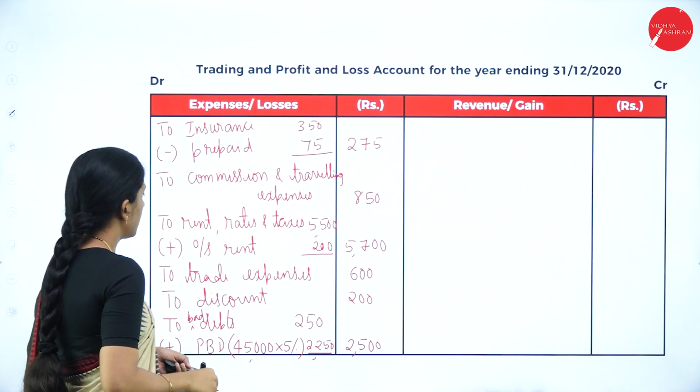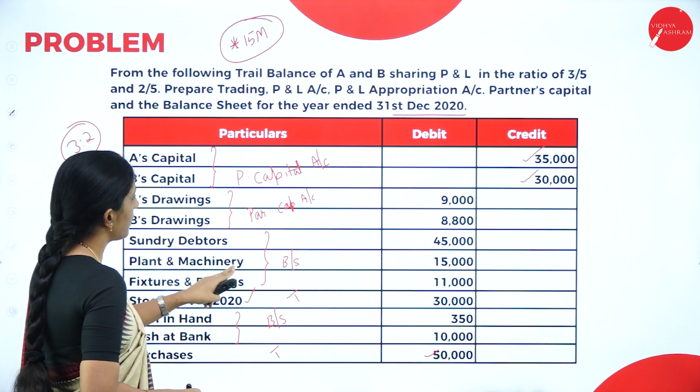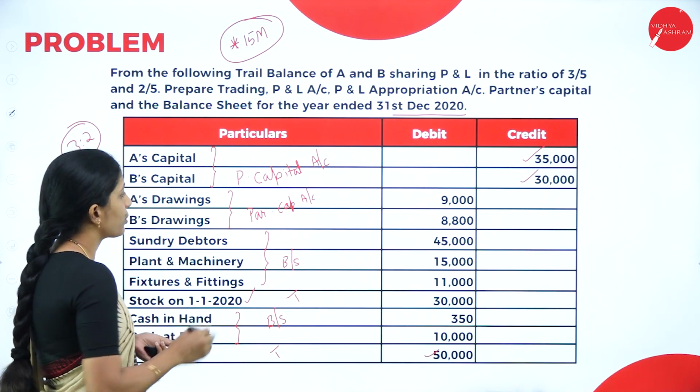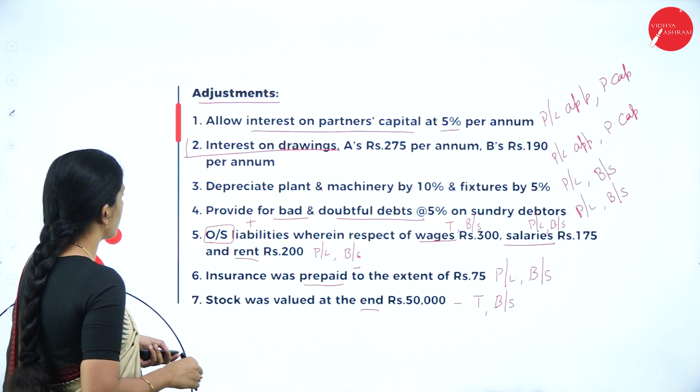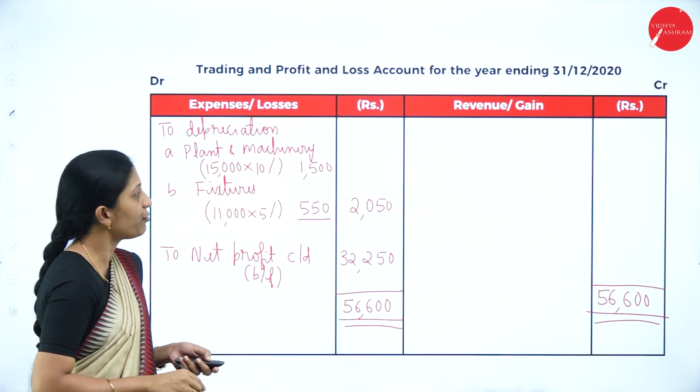Next, after debtors, we have plant and machinery 15,000. We have depreciation also, which is 1,500.